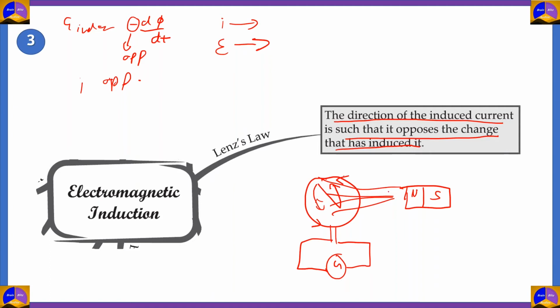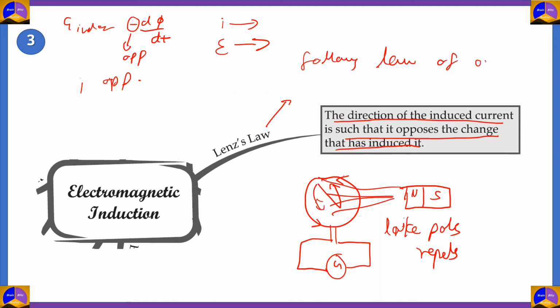And when there are two north poles together, you know the rule: like poles repel. So the direction of the induced current is such that it opposes the change that has induced it, due to the fact that it produces a magnetic flux of its own, which opposes the change in magnetic flux of the exterior magnet.